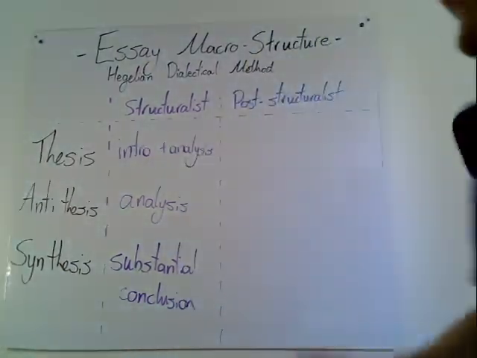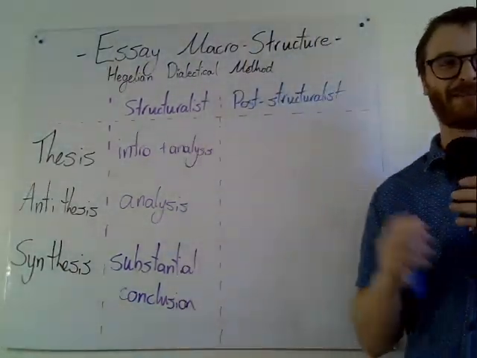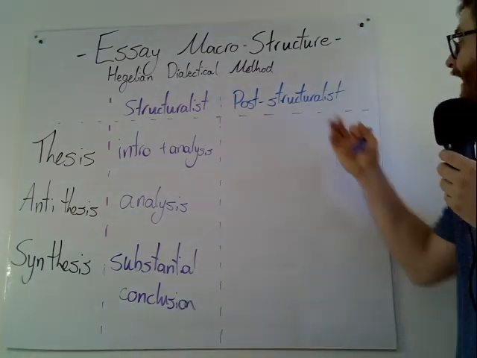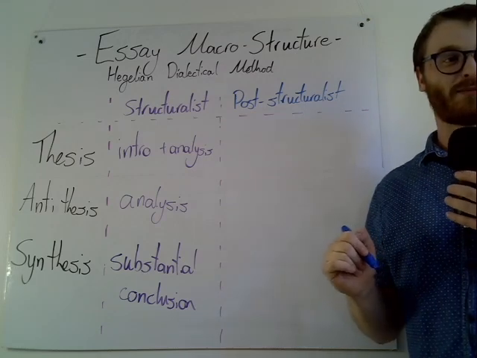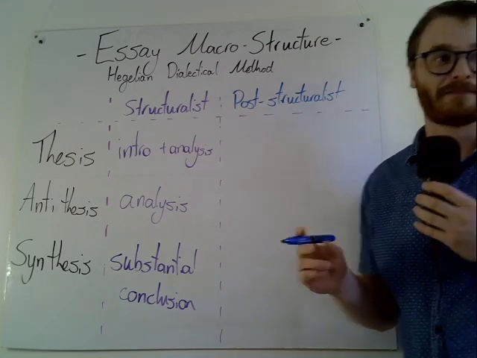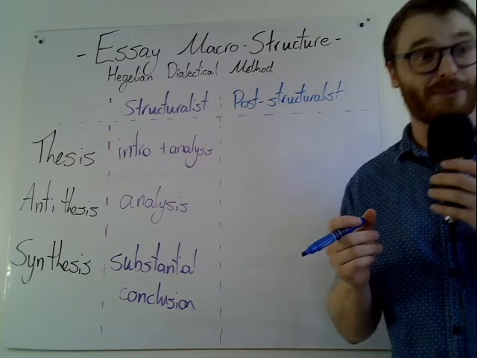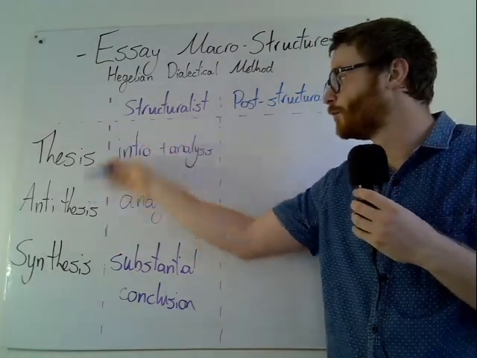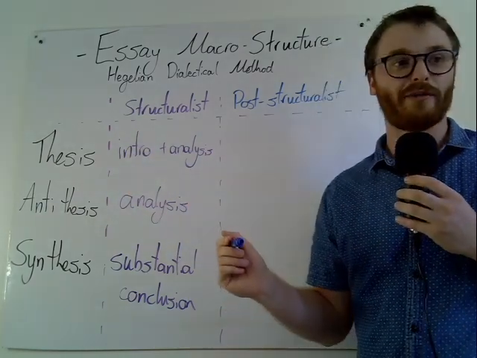I also really do like the post-structuralist approach, where all of these will be proven through analysis, meaning your introduction probably will include some allusion, some reference to all of these phases.